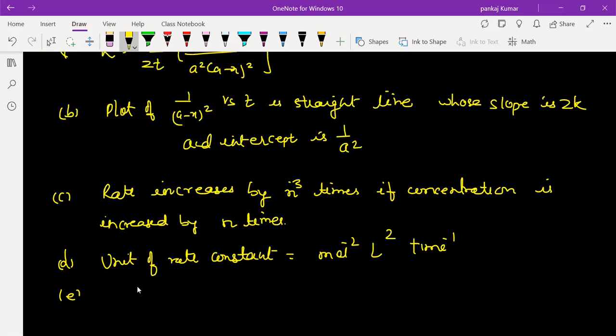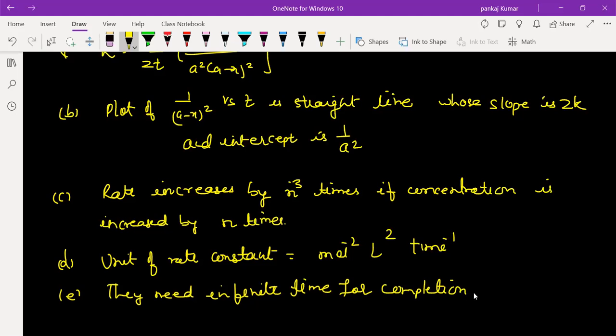Next point is they need infinite time for completion. They also need infinite time for completion.